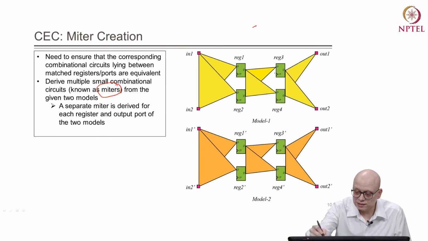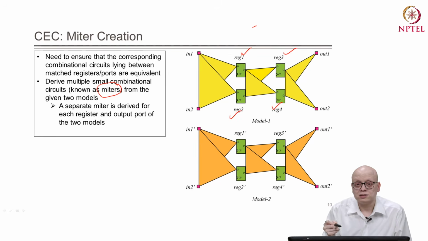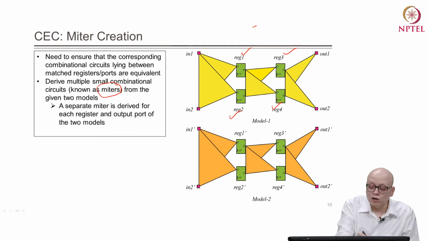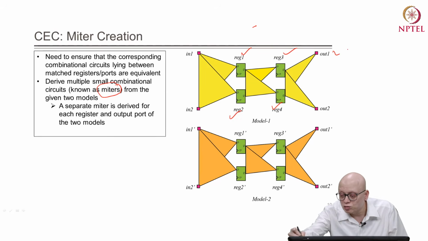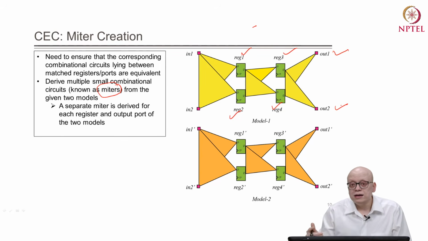In this case there are 1, 2, 3, 4 registers, so for all 4 we will have separate miters, and also we create miters for the output ports. So, in this case we will be having miter 1, 2, 3, 4, 5, 6.